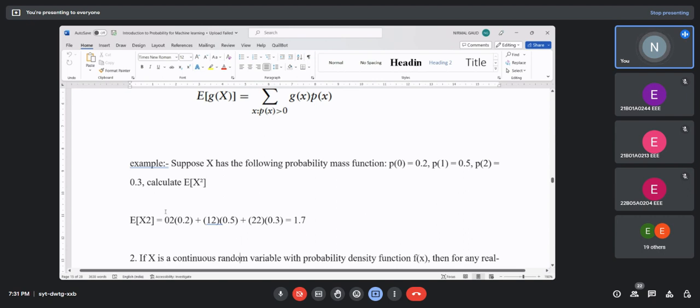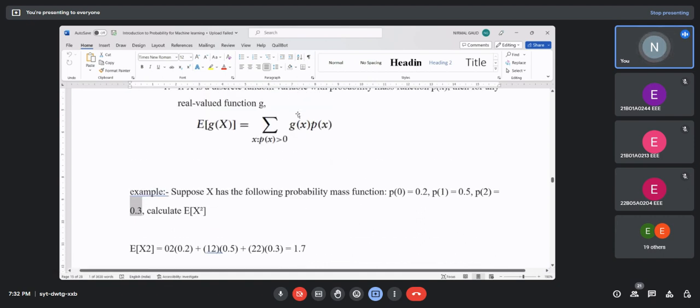Now the question is, sir, from where did I get these values 0^2, 1^2, 2^2? This is g(x), because p(x) is 0.2, 0.5, and 0.3, and I am going to multiply with g(x), another function.